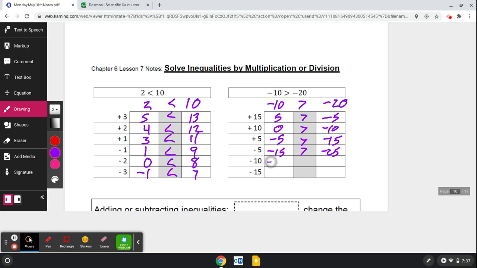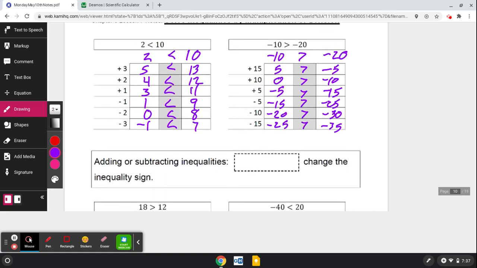Negative 20 is still greater than negative 30. And negative 25 is still greater than negative 35. All that is to show you when we're adding or subtracting with inequalities, it doesn't change the inequality sign. It is always consistently the same.